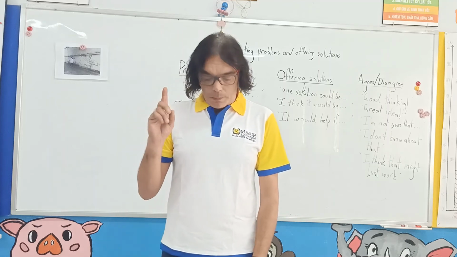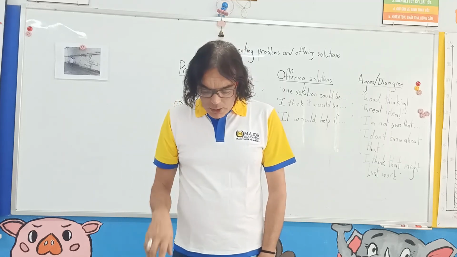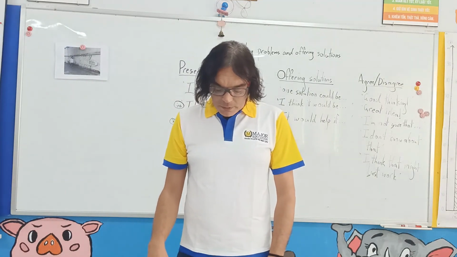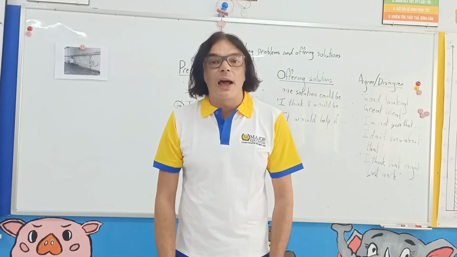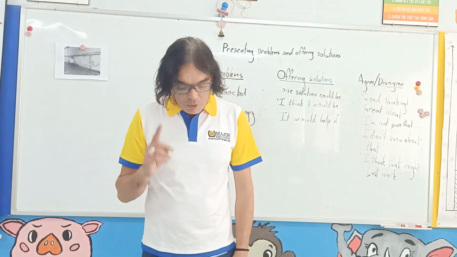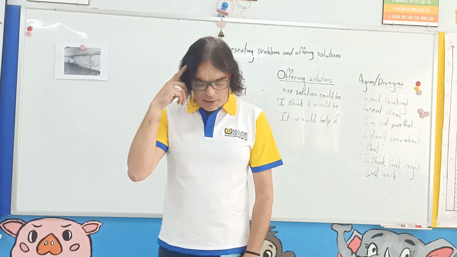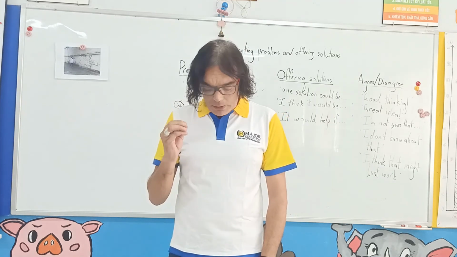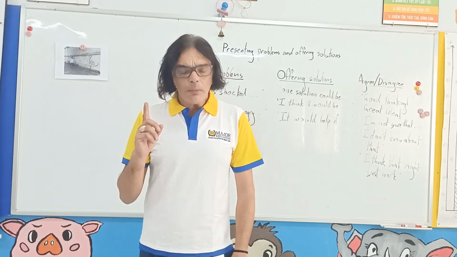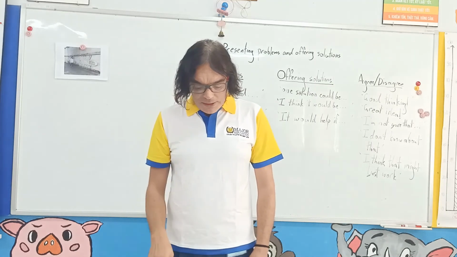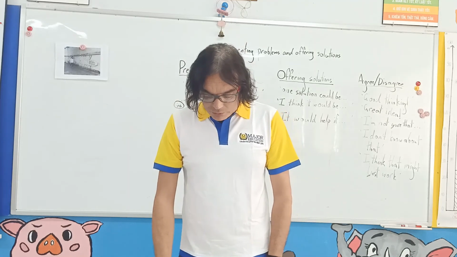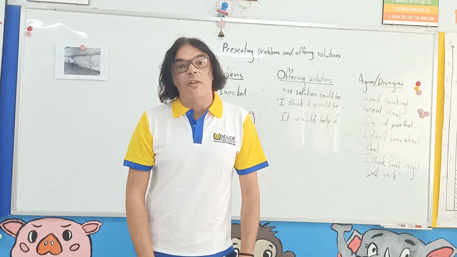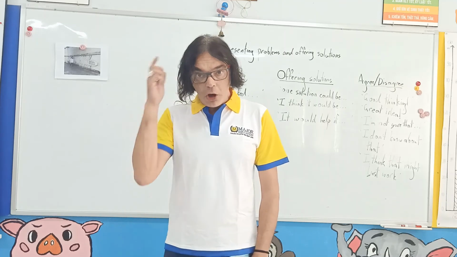Pete: Well, one solution could be to fine anyone caught spraying graffiti in the city. By doing this, people would think twice before vandalizing public property. Brian: I'm not sure about that. Most people who spray graffiti are teenagers and they don't have the money to pay fines. Instead, I think it would help if CCTV cameras were installed around public buildings. If teens saw these, they would decide against spraying graffiti. Pete: Good thinking!